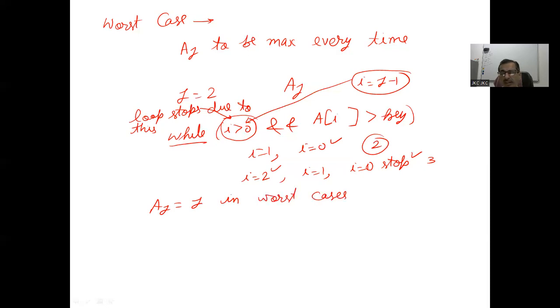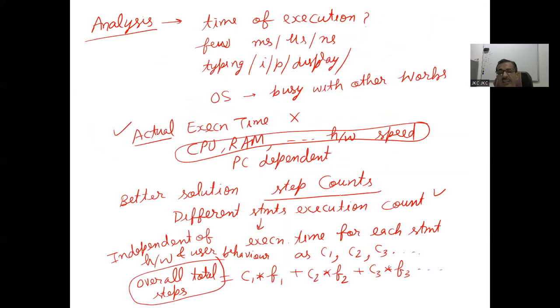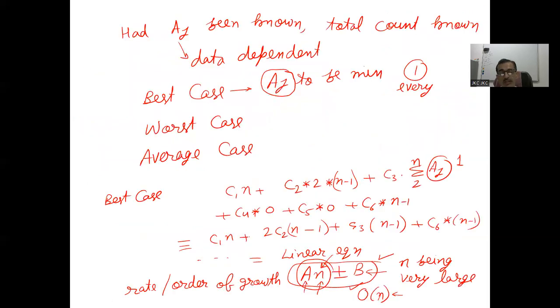Now, if I say this is the case, let's go back to the previous analysis, and I can easily see that in this analysis, if I replace aj as j, I can do the calculations.